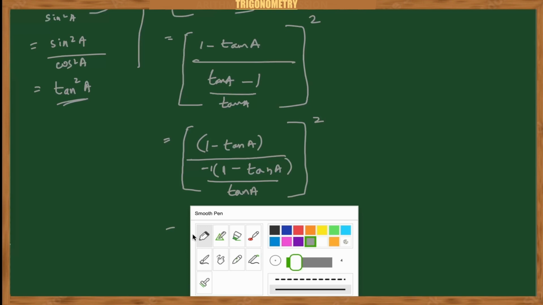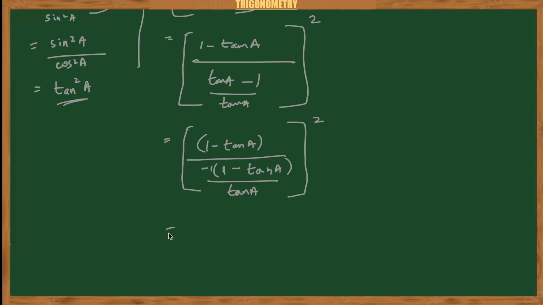Before cancelling, let's bring it up. 1 minus tan A, this becomes the reverse of it, so tan A goes on the top, divided by minus of (1 minus tan A).